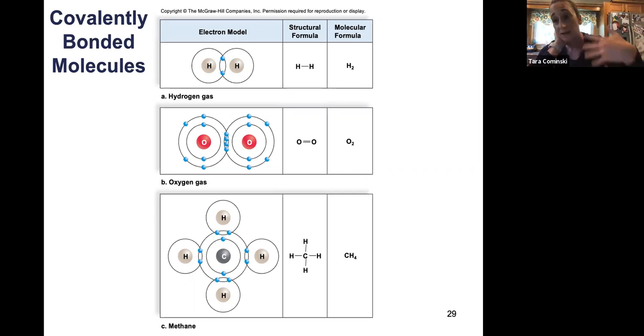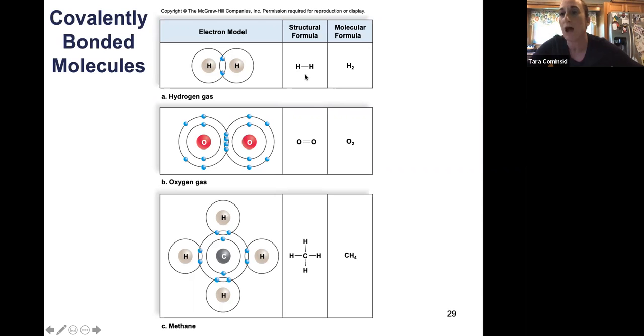One of the types of bonds that forms between atoms is covalent bonds. Looking at these examples of hydrogen gas, oxygen gas, and methane, are those molecules polar or non-polar? What do you think about hydrogen gas here?